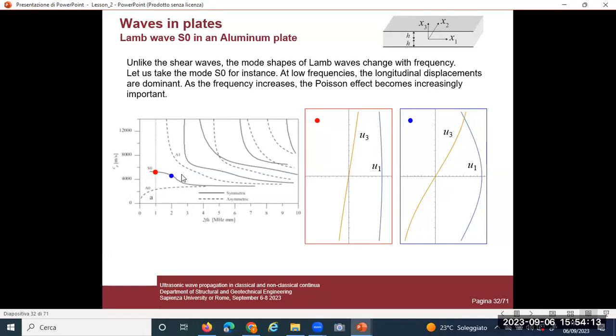If you go higher in frequency, this is what happens. The Poisson effect becomes increasingly important. You see here it's small because it's the low frequency range. But when frequency increases, you've got this other situation. Poisson effect becomes very important.